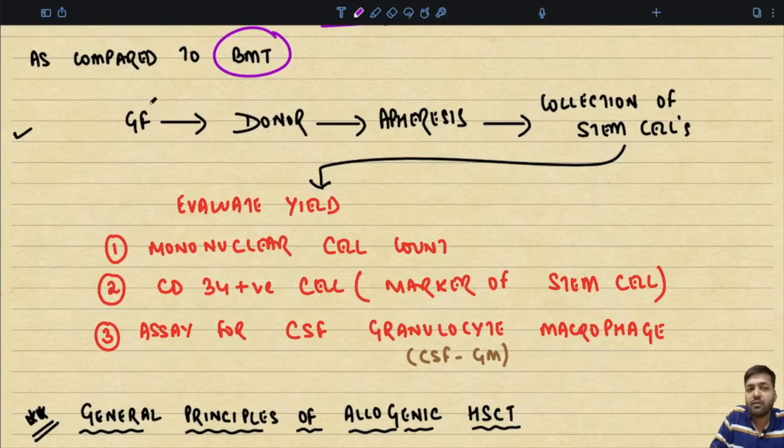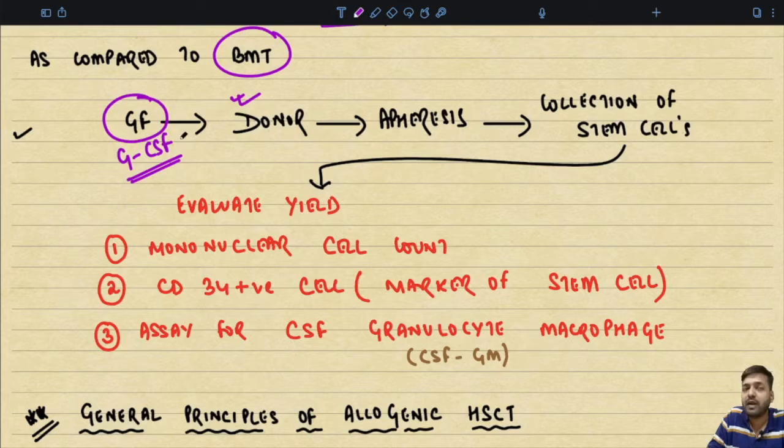Whenever the growth factor, that is, granulocyte colony stimulating factor, is administered to the donor, the concentration of hematopoietic stem cells in the peripheral blood of the donor increases.